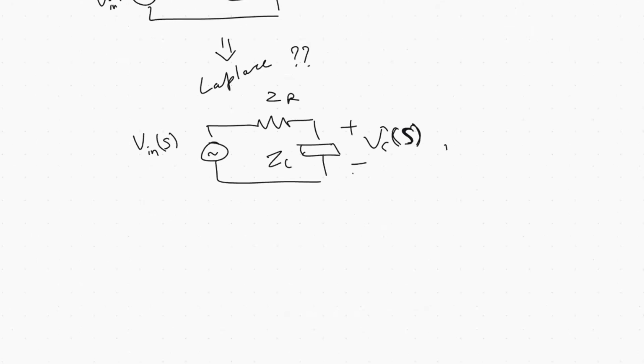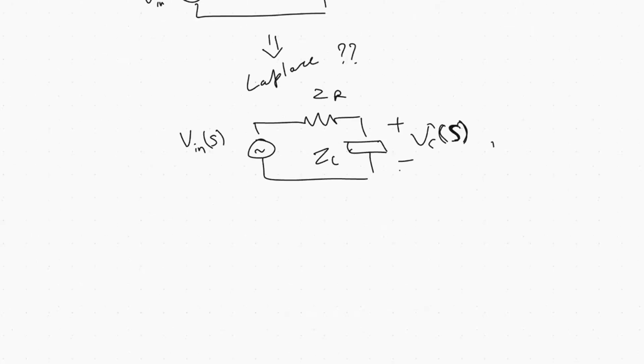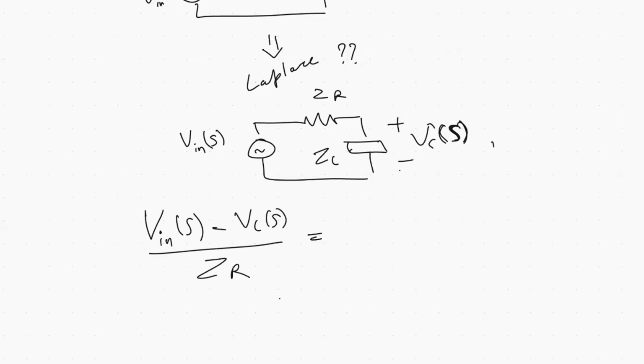We do (V in of s minus Vc of s) by ZR is equal to Vc of s by ZC, right? Because this is a very simple equation, I'm just equating the current going in this resistor and the current going in this capacitor.